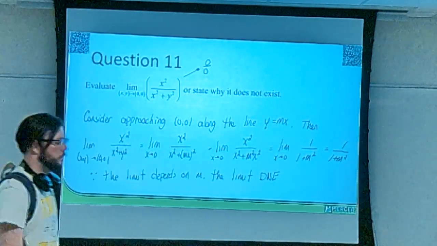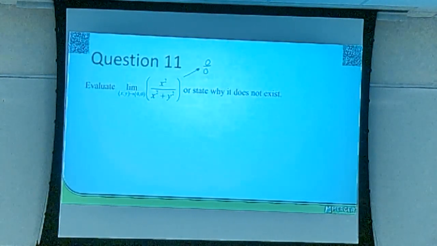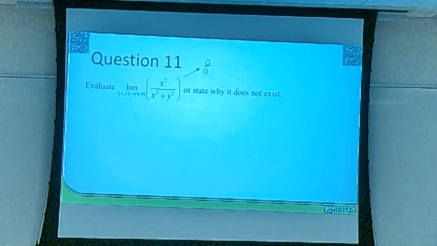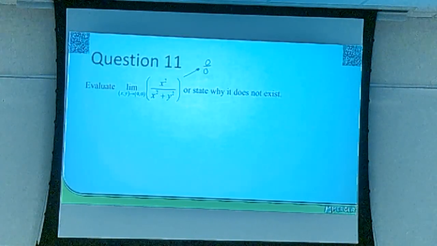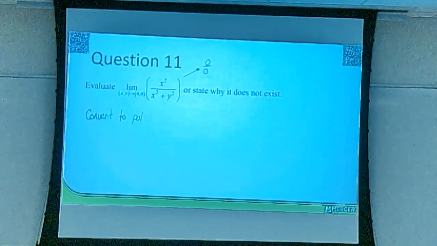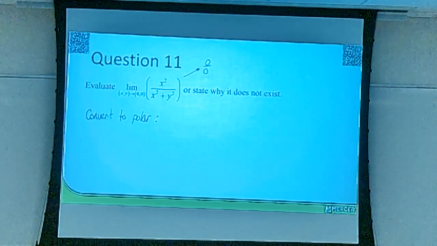Here's the second way to do it. Convert it to polar.